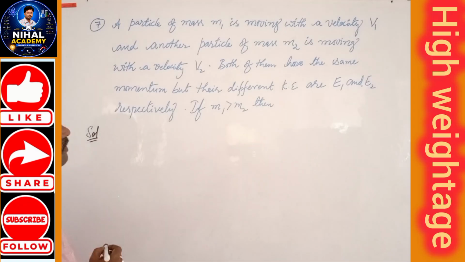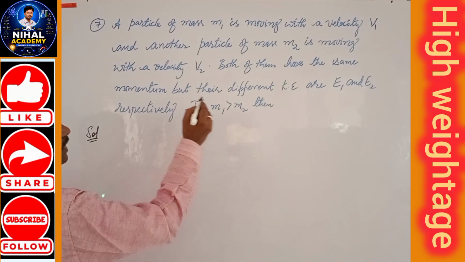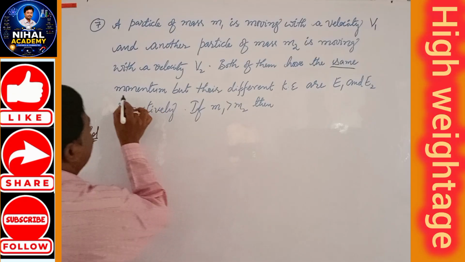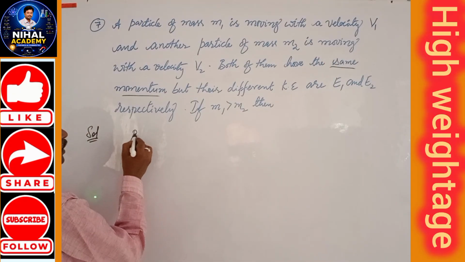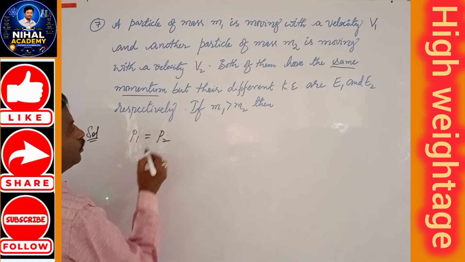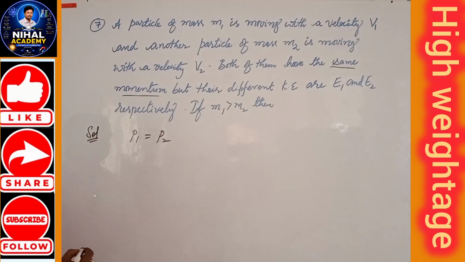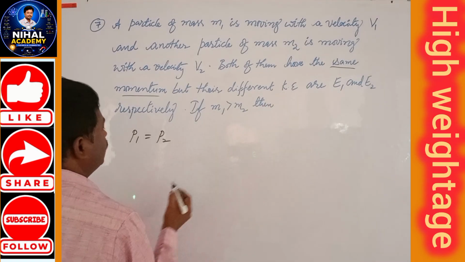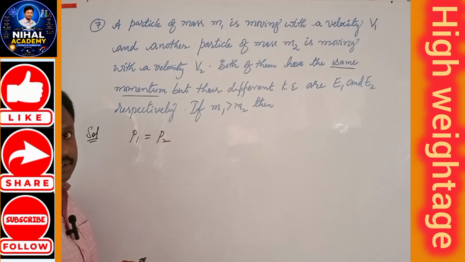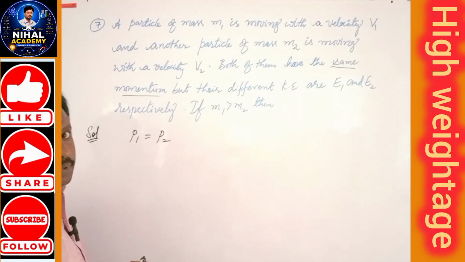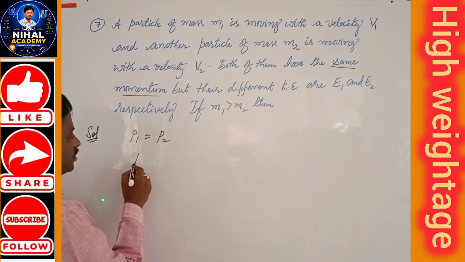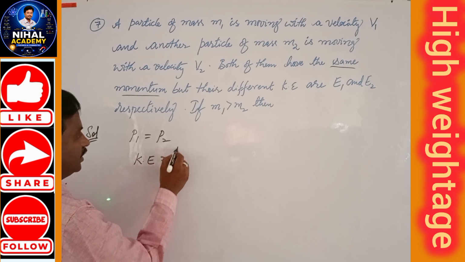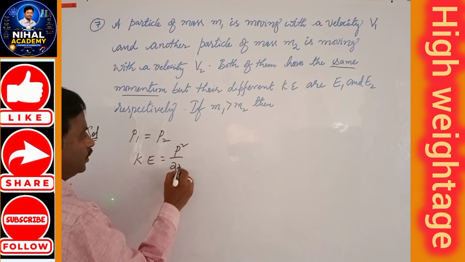Now what is given here? Both of them have the same momentum, so that means P1 is equal to P2. And next, their kinetic energies E1 and E2. We know the relation between kinetic energy and momentum: KE is equal to P squared by 2m.